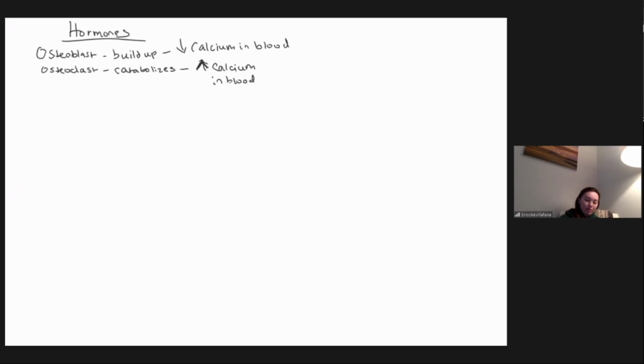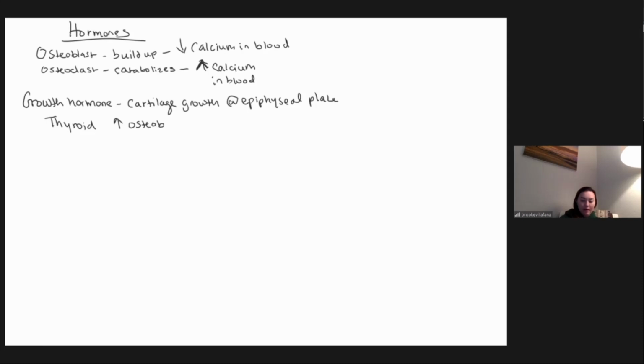So we have some different hormones, and there's a few questions on your test on this, so I don't want to neglect it completely. So growth hormone, this is responsible for performing cartilage growth at the epiphyseal plate. Thyroid hormone increases osteoblast activity.